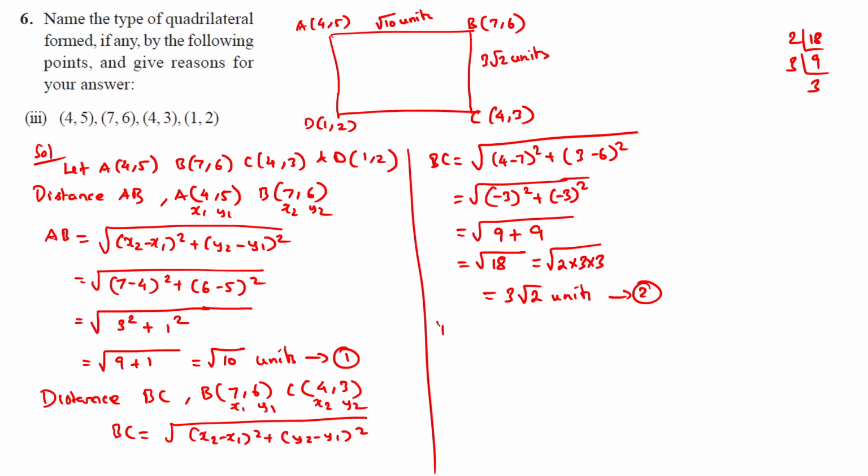Now we need to find the distance of CD. Coordinates 4 comma 3 and D is 1 comma 2. x1 y1 and this one is x2 y2.